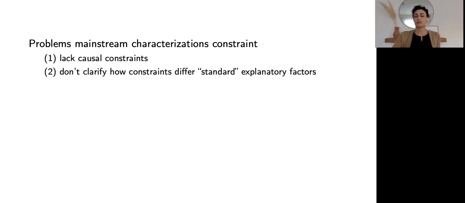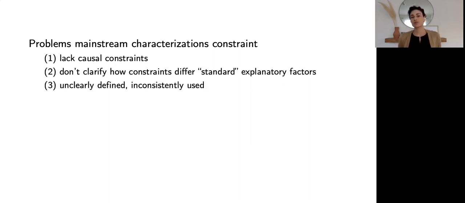And a third and final problem for these accounts is that the term constraint is often unclearly defined and inconsistently used. This is actually admitted by scientists who claim that, for example, the notion of developmental constraint, while it has received a huge amount of attention in evolutionary biology, that this attention and popularity has also bred confusion.